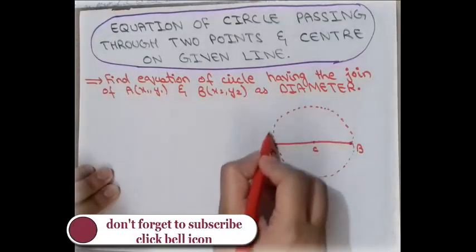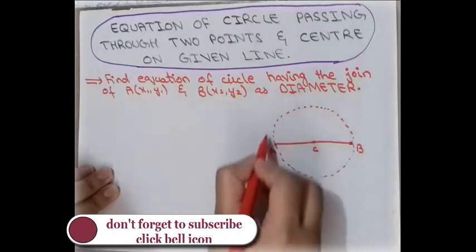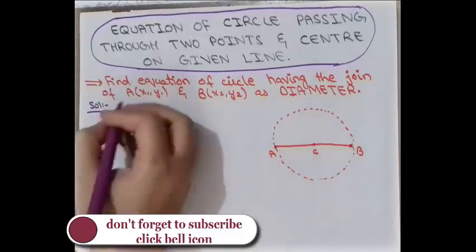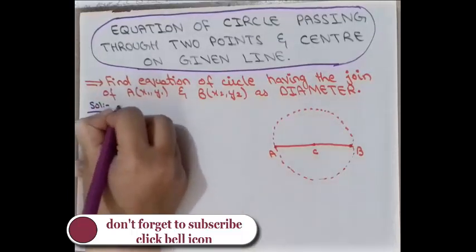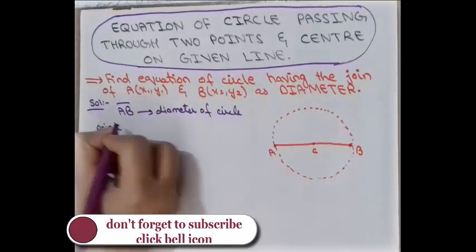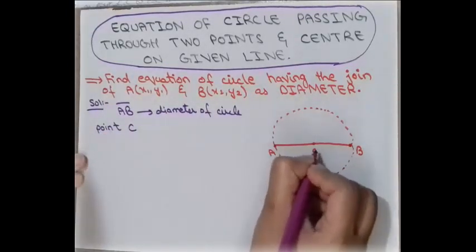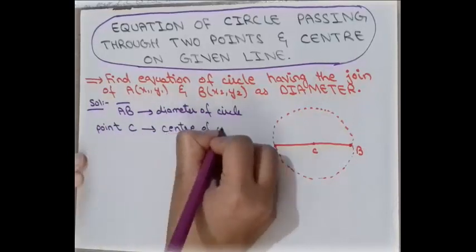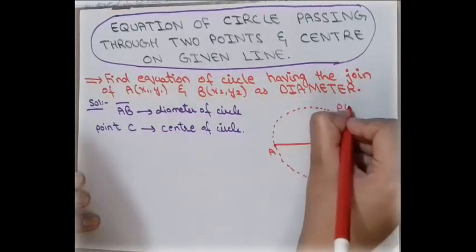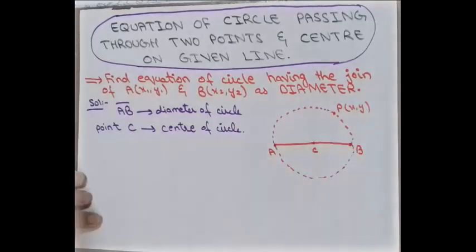So basically the circle is a collection of points at a distance of the radius. As here we have the line AB, and secondly we suppose a point P having coordinates x and y.